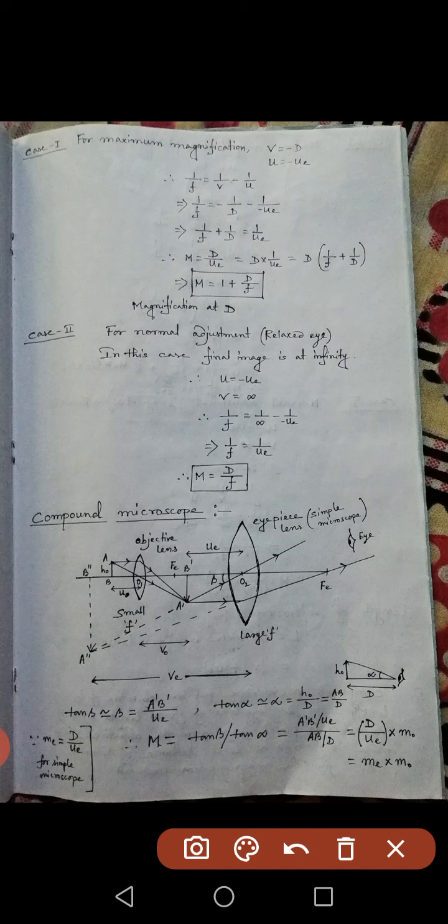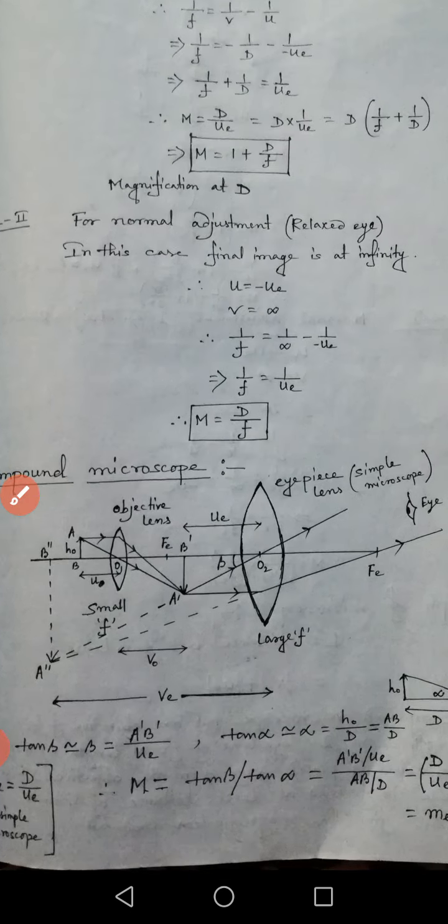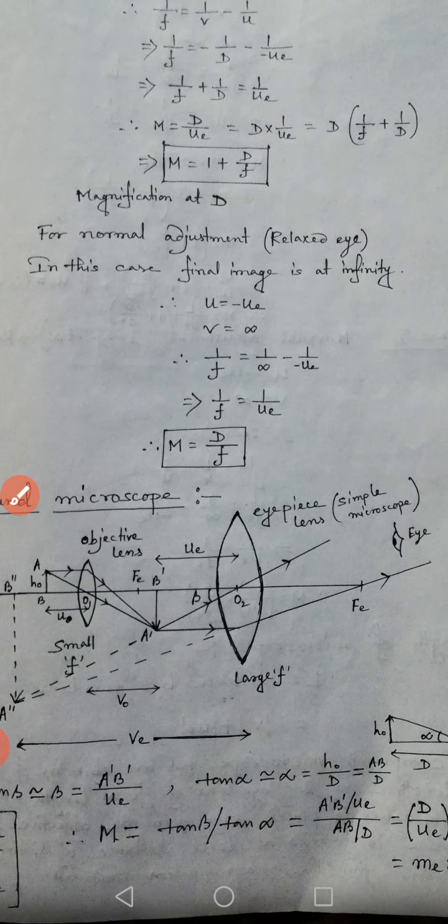Now suppose this is the object AB. From this object a light ray is coming parallel to the principal axis. After refraction it will pass through the focus of the first lens. So this point should be the focus of the first lens.